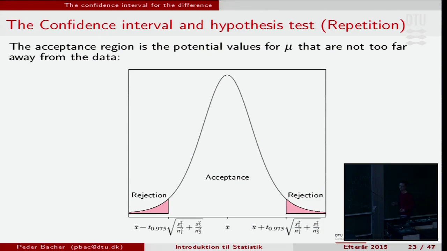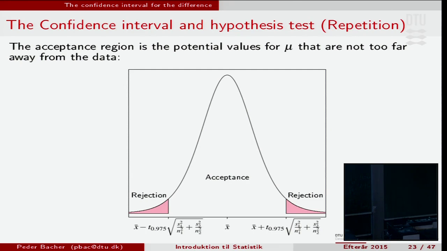What we also know is that if we stated a null hypothesis that the difference was out here, then by calculating the confidence interval we could say that we would reject this null hypothesis. The null hypothesis often is that the difference is equal to 0.